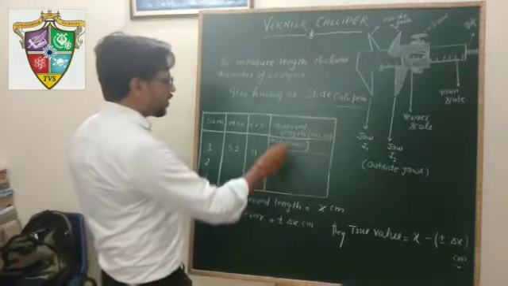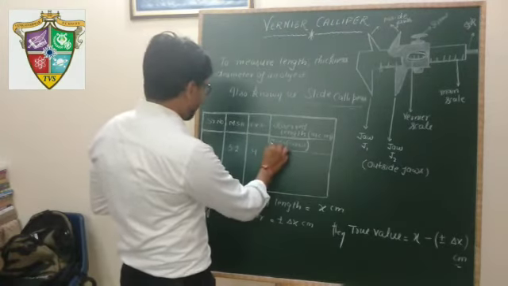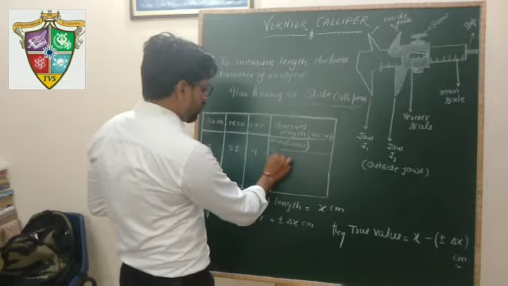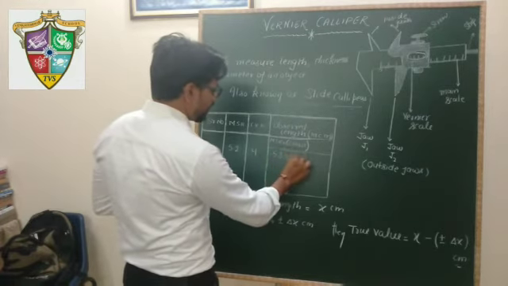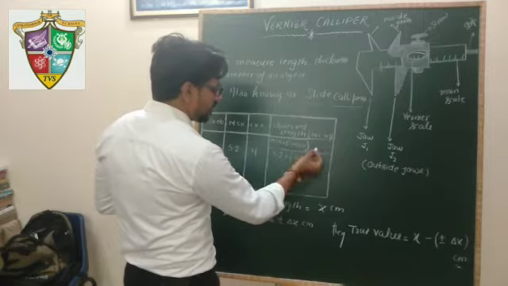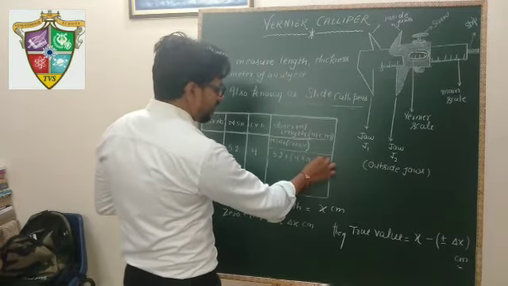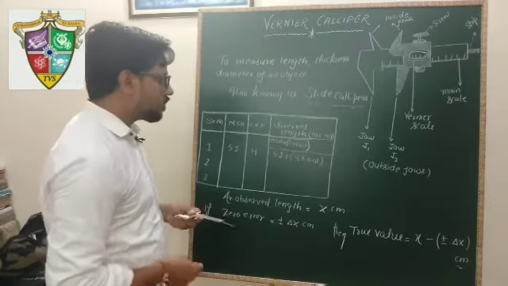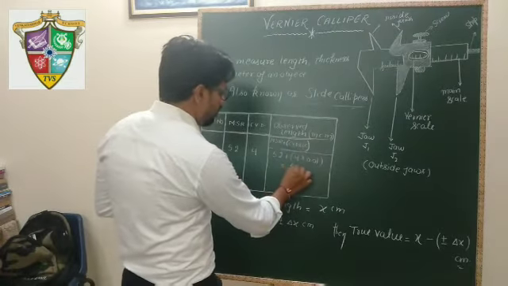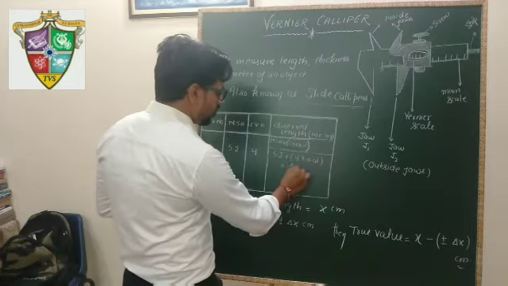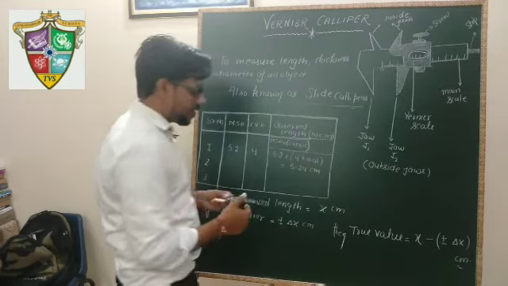And what is the formula for observed length in this case? We will put the main scale reading, 5.2, plus the coinciding digit, that is 4, times the least count, and its value is 0.01 in centimeter. So its value is 5.24. So this is our first reading.